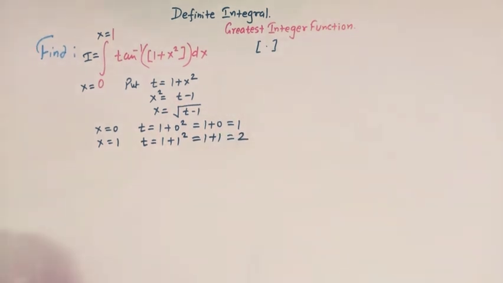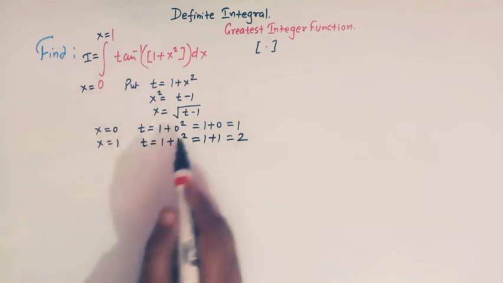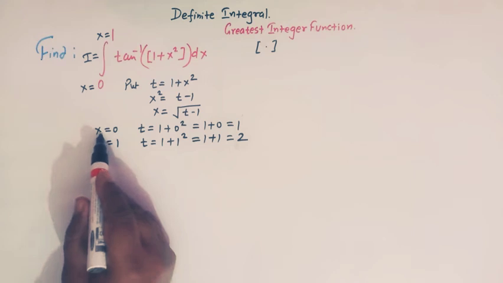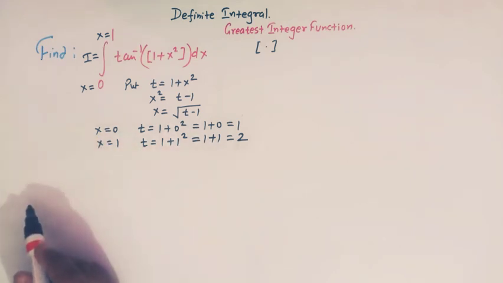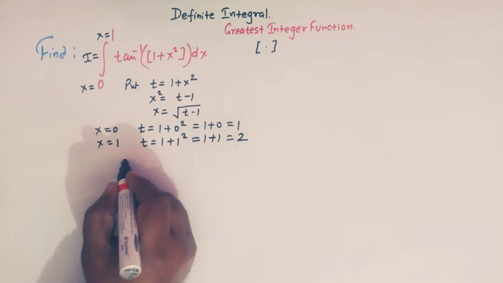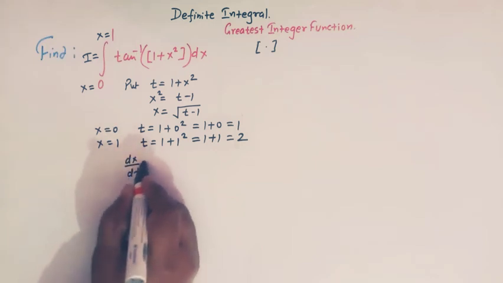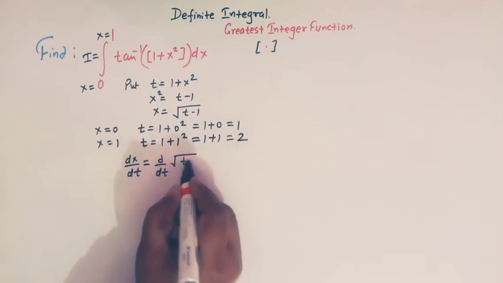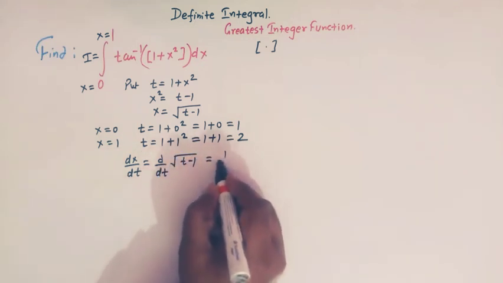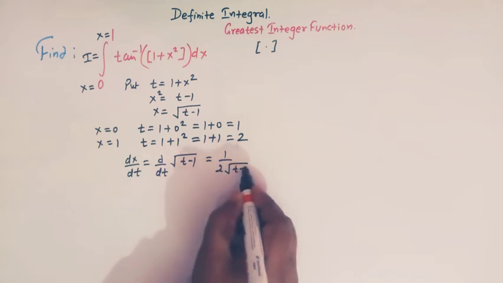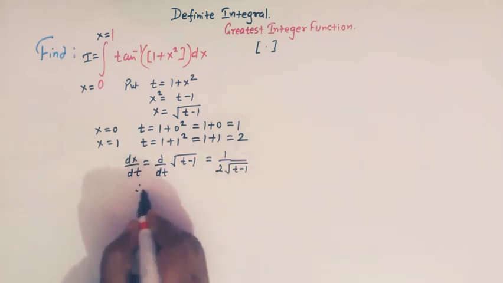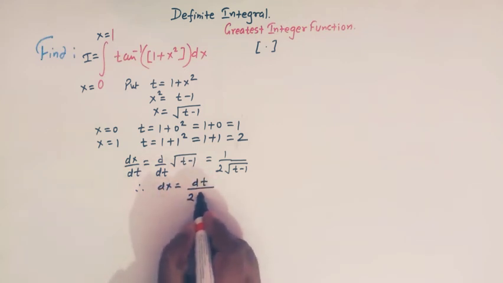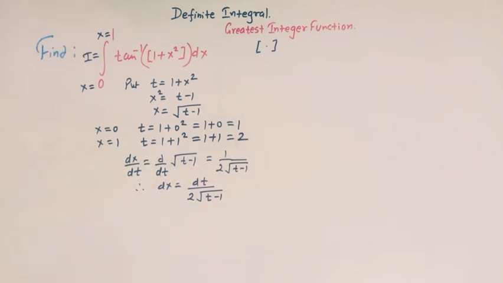Okay, so now what we have done here, we have substituted t is equal to 1 plus x square, and then we have changed the limits accordingly. And now dx over dt is equal to the derivative of square root of t minus 1, and this is 1 over 2 square root of t minus 1. So therefore dx is equal to dt over 2 times square root of t minus 1.